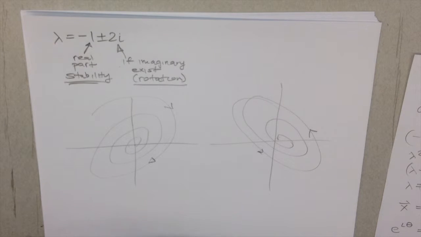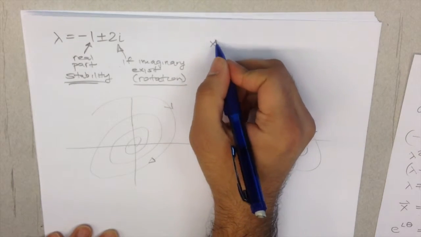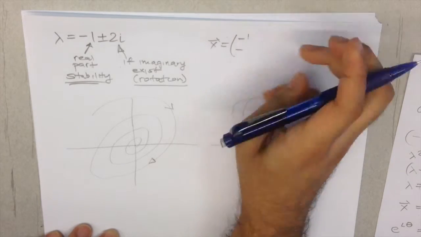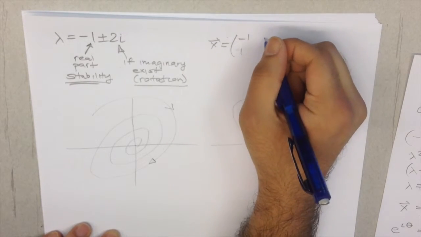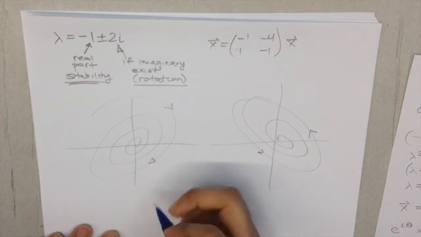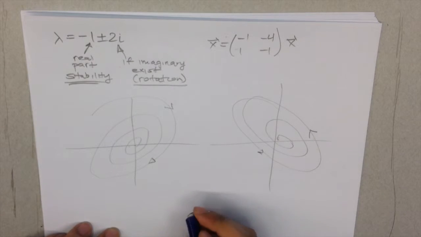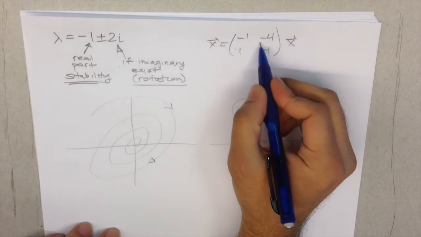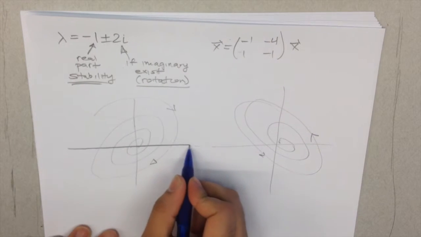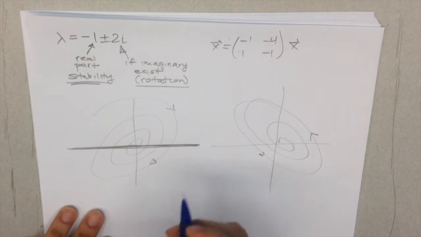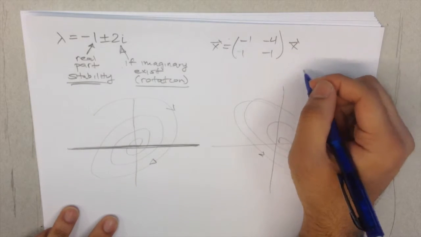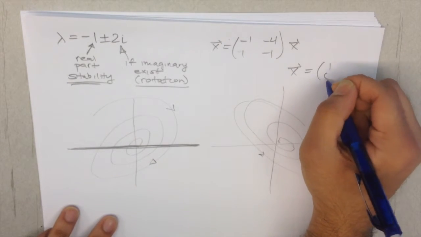What you do, and this is very simple, is look at the original equation, which is the matrix negative 1, 1, negative 4, negative 1, times x. If we're on the x-axis, anywhere on this x-axis I'm tracing out over here, let's say I pick the point x equal to (1, 0).